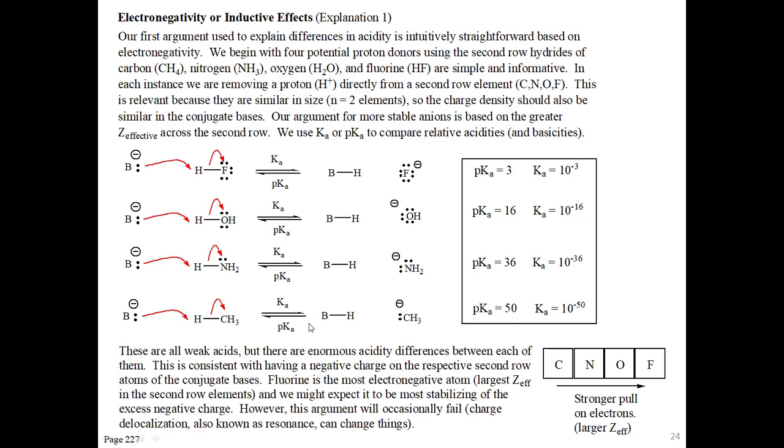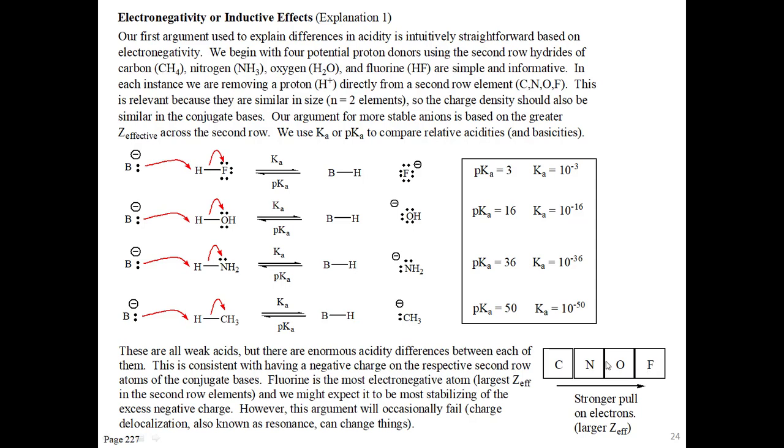And then carbon should be the worst, because carbon is the least electronegative, only has a +4 Z effective, and you can see the Ka is 10 to the minus 50, basically 0, and the pKa is enormous, 50. Remember, delta G is really 1.4 times this, so the delta G for forming this carbanion would be about 70 kcal. That's an enormous amount of energy.